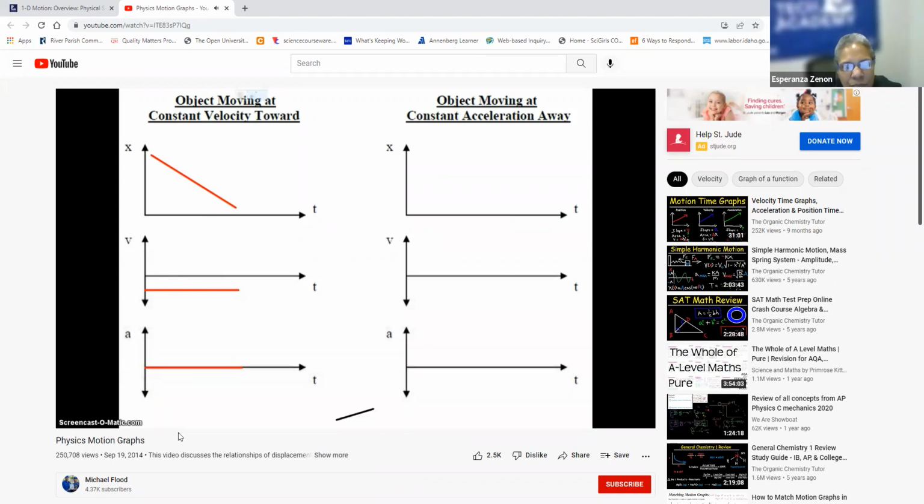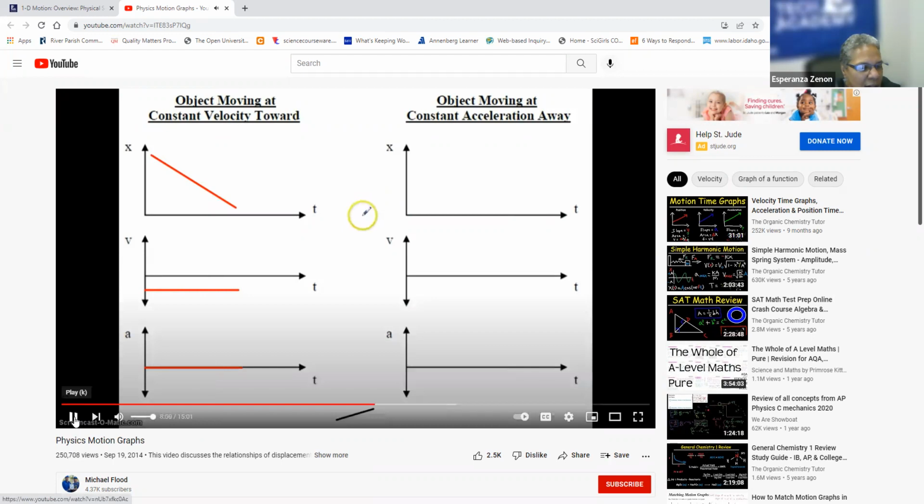Okay. Next, we go to an object moving at constant acceleration. Now, this is an important set of graphs, because if you recall on Tuesday, I introduced you to 5 equations of motion, where the object is moving with a constant acceleration.